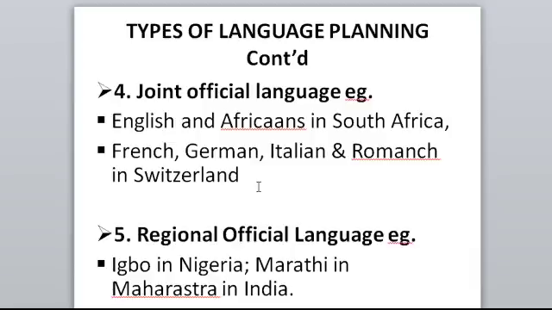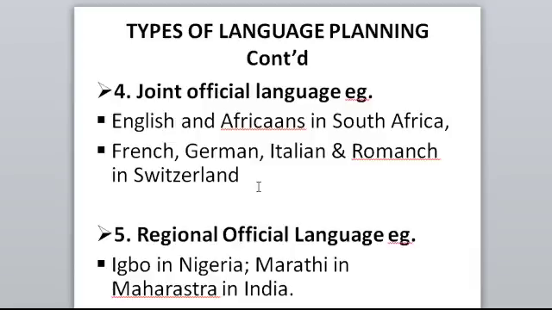These two languages occupy the same official status, so they have the joint official language status in South Africa. In Switzerland, the same joint official language status is occupied by French, German, Italian, and Romansh.